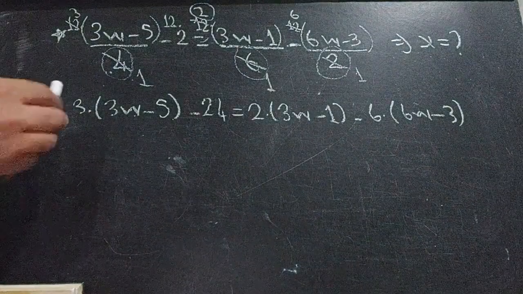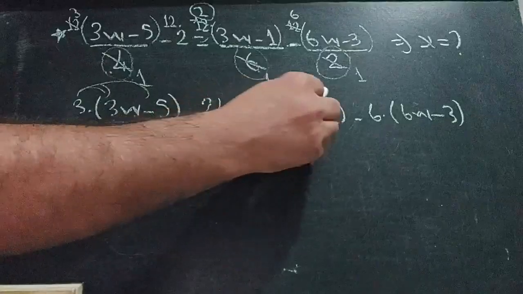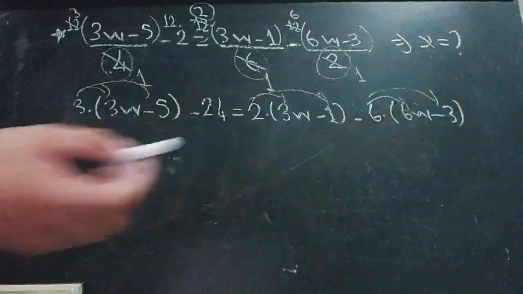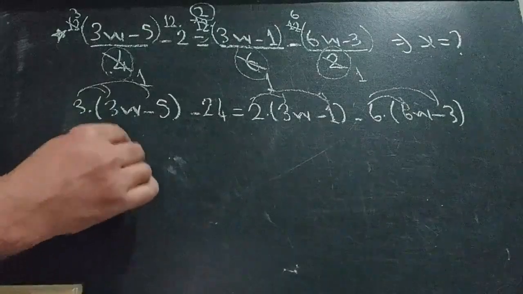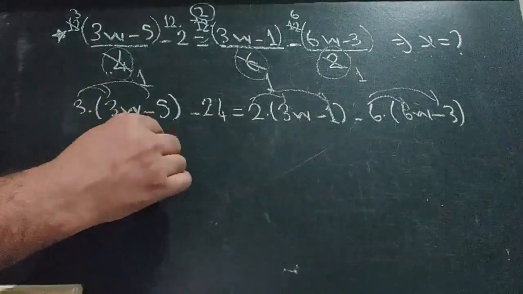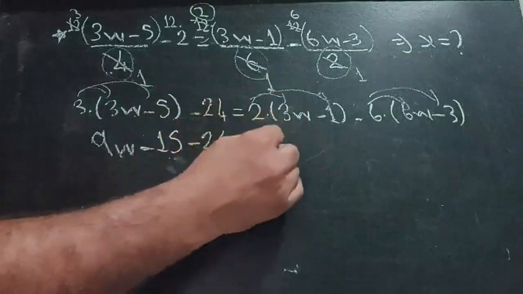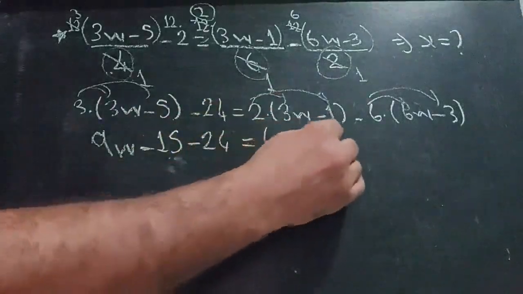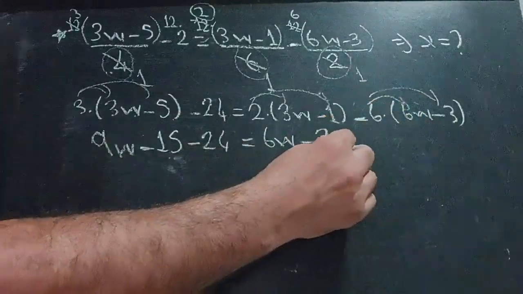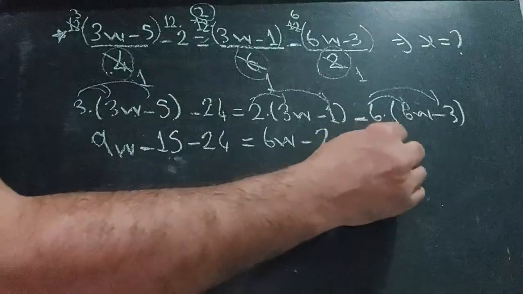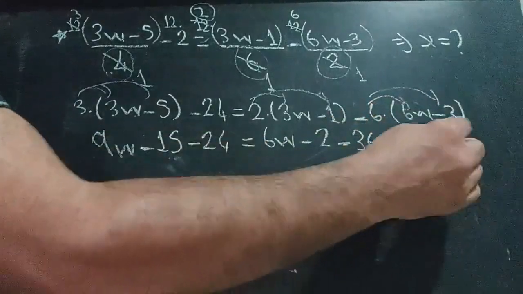Open all brackets now. That will give me 9w minus 15 minus 24 equals to 6w minus 2. And from there, negative 6 times 6w, which is negative 36w, and this will be plus 18.